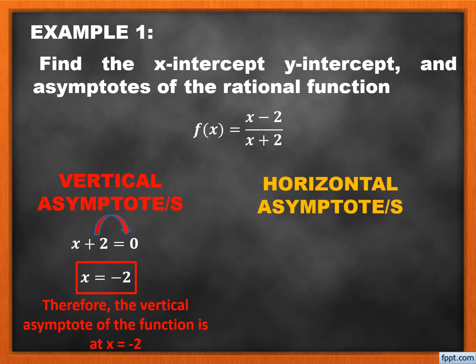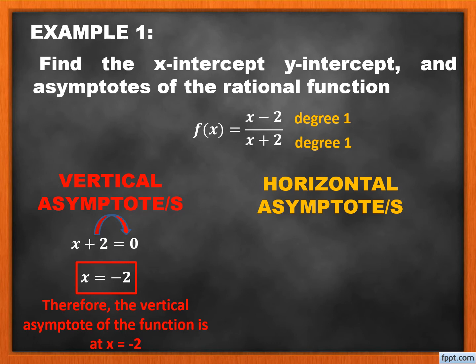How about horizontal asymptotes? To find the horizontal asymptotes, we're going to find the degree of the numerator and the denominator. When we say degree, it means the highest exponent in a given function or given expression.